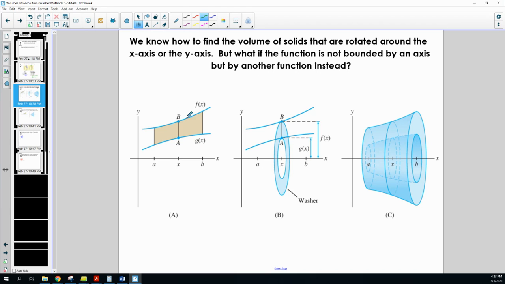Here we have this function f of x on the top, g of x on the bottom. If I were to rotate this around the x-axis, we can see in part B that there's going to be a little gap between g of x and the x-axis. That's not going to be part of this. That's where my hole is.